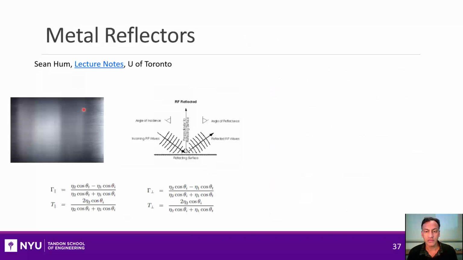Now, by the way, those formulas came from this very excellent set of lecture notes that you can read here, and I've put the links in the file. A very important special case of this is a metal reflector. That would happen, of course, with any metallic material. And a metal, because it's a perfect conductor, should have a characteristic impedance of 0.